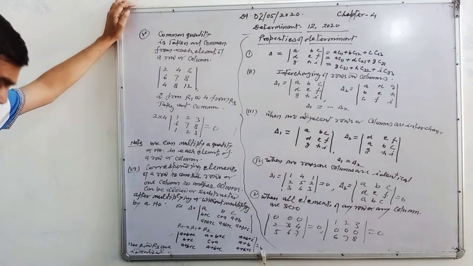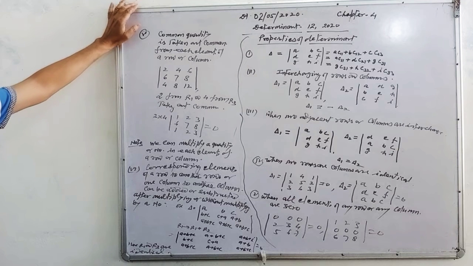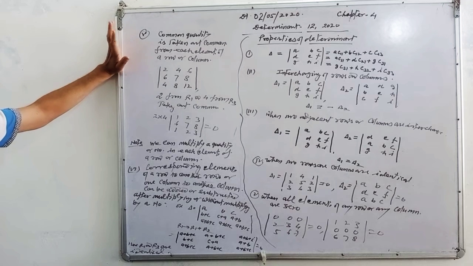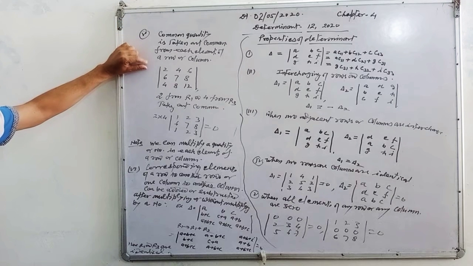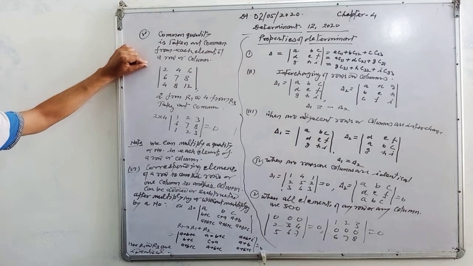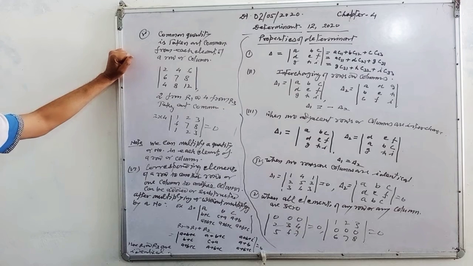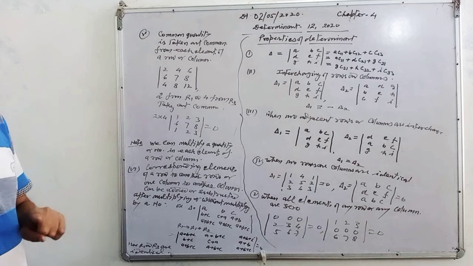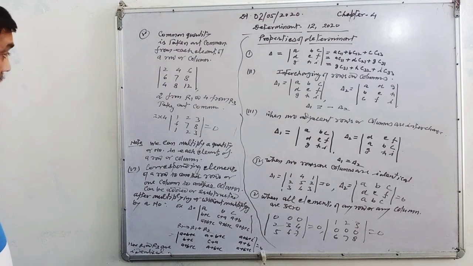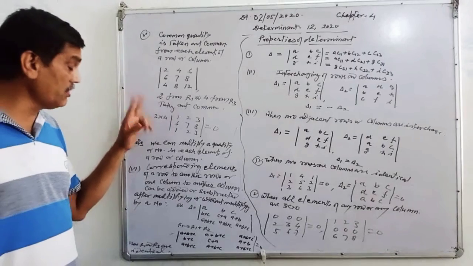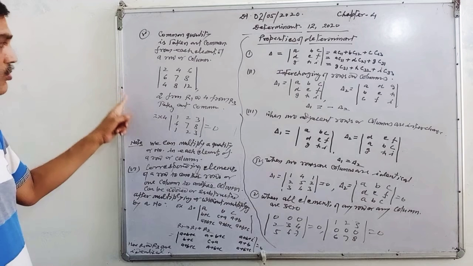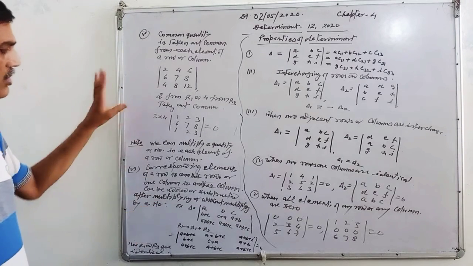Now the next property. When you take a common quantity from any row or any column, you have to remember that the common quantity can be taken out from each element of any row or any column. Row-wise or column-wise, but you take it from each element. In a matrix you take the common factor from all the elements, but in a determinant you can take a common factor from all elements of one row or one column.